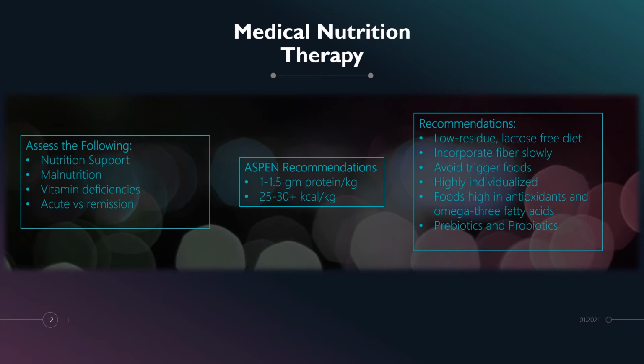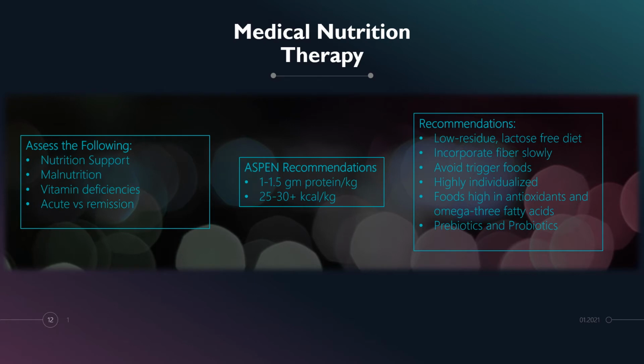And so ultimately, what you'll also need to consider is what stage the patient is in their Crohn's disease. So are they presenting with an acute infection, or are they presenting with a period of remission? And obviously, if they're in remission, they're not likely going to be having any symptoms.